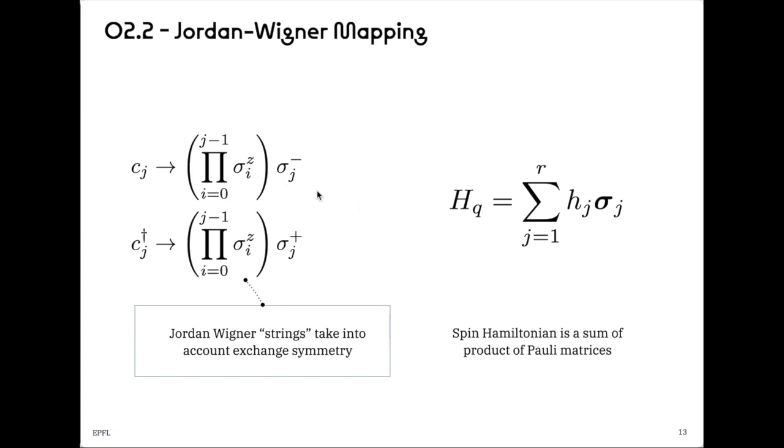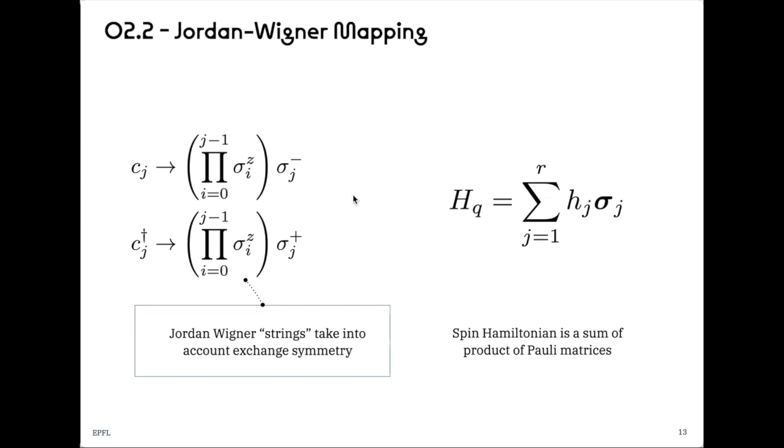Fermions are described by these fermionic operators that satisfy these anti-commutation properties. However, you can transform the fermionic operator C into spin operators, so sigma plus, sigma minus, through these Jordan-Wigner strings. Okay, this is mostly for the physicists I'm talking to, because this would require a lot of preparatory material if you wanted to understand it in detail.